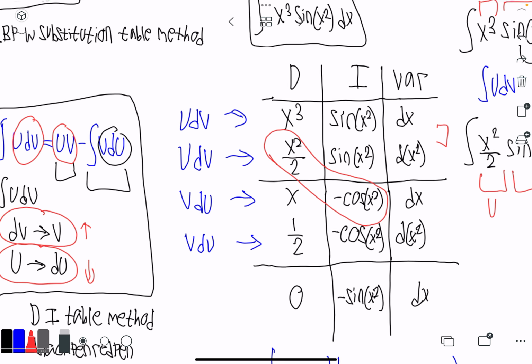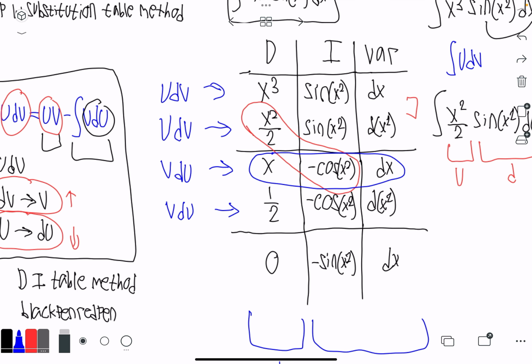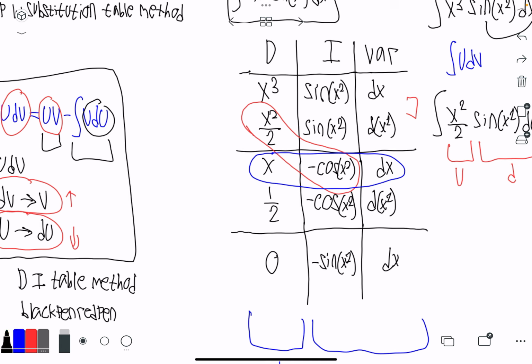So for the first row, you got the uv already, and then where's the minus integration of v du? It's the row beneath it, right? So for the row below it, you want to find the result of it. I know this is a bit complicated to think about, but this is where the sign thing in the DI method comes in. Like this one's positive because you've got the uv, and then this one's negative.